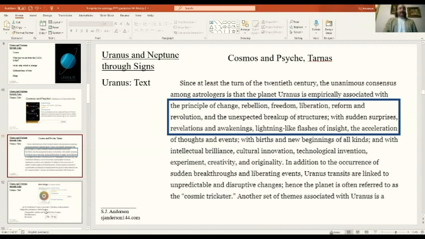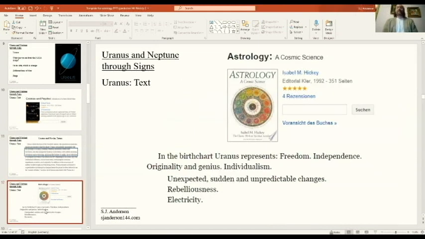And then the next astrologer I want to use is this woman, Isabelle M. Hickey. She was a big-time astrologer in the 20th century, taught a bunch of astrologers, very influential in the 70s. This book came out originally in the early 70s, towards the end of her career. Astrology, a Cosmic Science.